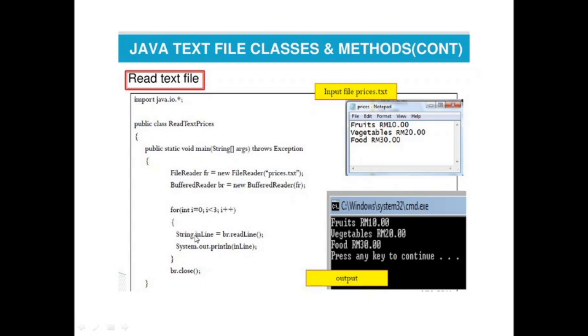As I told you, you can output this information directly to the console or display. So we read the line from the file, put it inside the inLine string variable, and print this variable on the screen. This is repeated up to 3 times, and the data is displayed on the console.